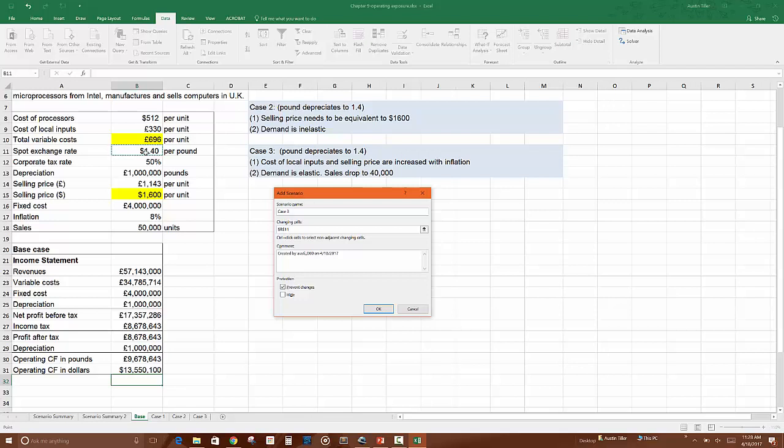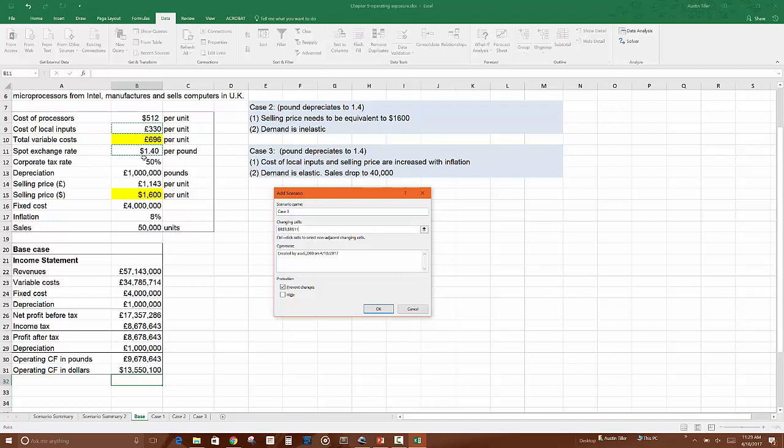So let me just clear the changing cells here. Start over. So the first one will be exchange rate, B11. No, that's not the first one. I want to change the variable cost first. So the first one is the cost of local inputs, B9. Then I hold my control key, then I press the exchange rate, B11.